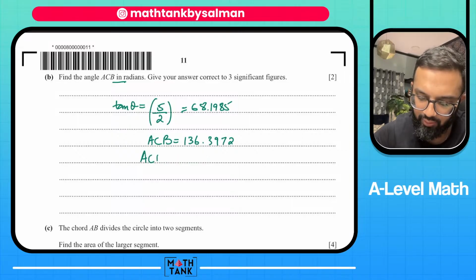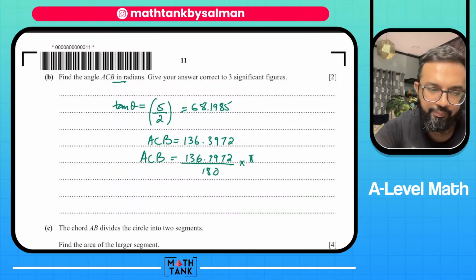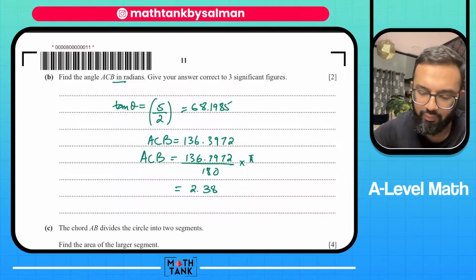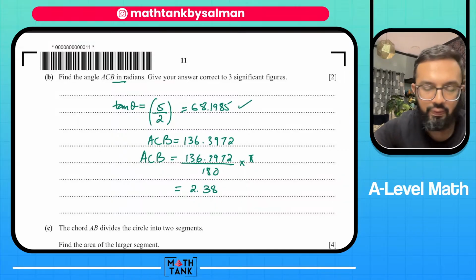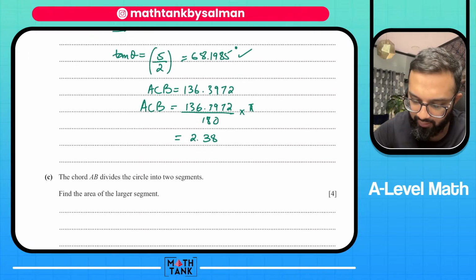How do you change it to radians? You divide by 180 and you multiply by pi. That's 2.38. I should have just put it on my calculator in radians. I did degrees earlier because my calculator was in degrees. It's 2.38.